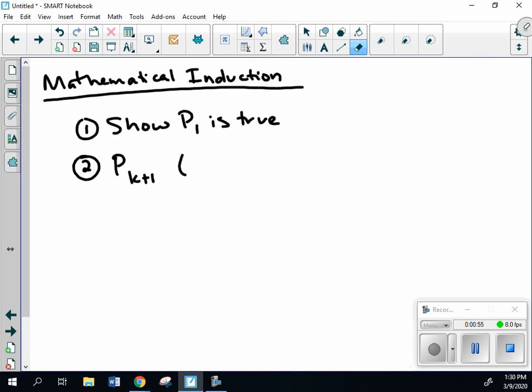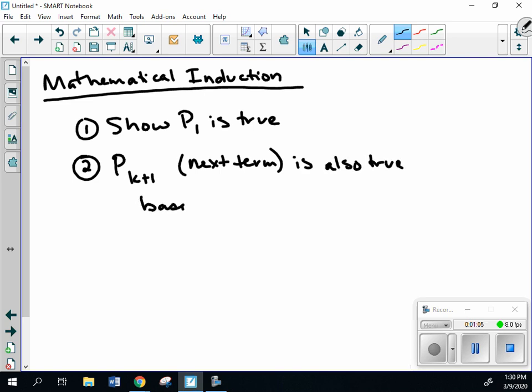Not previous term, next term. And this is all based on a given sequence.